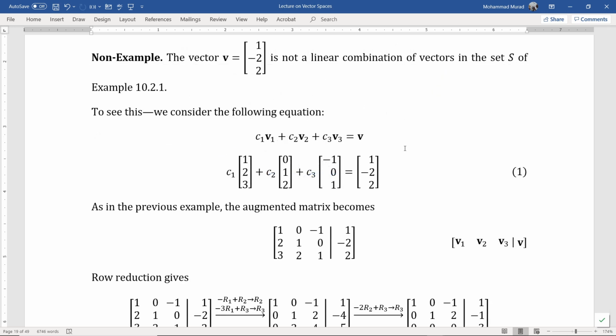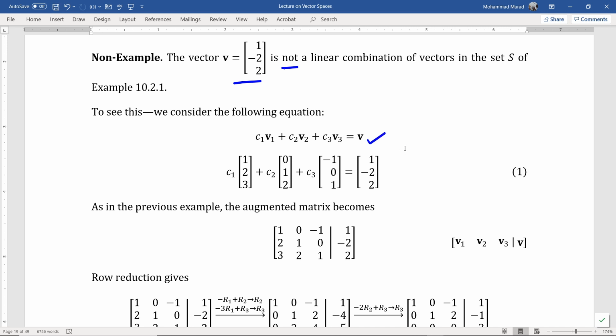Now let's try a non-example. The vector v with components 1, -2, 2 is not a linear combination of the vectors in the set S. To see this, we consider the following equation.